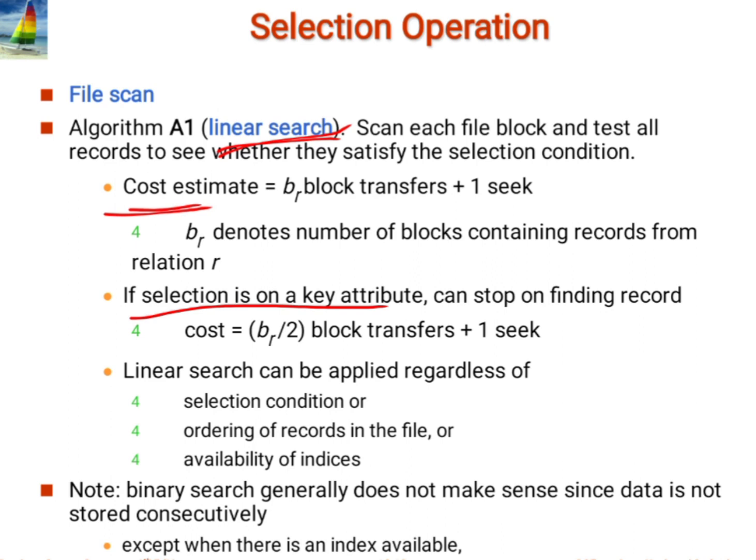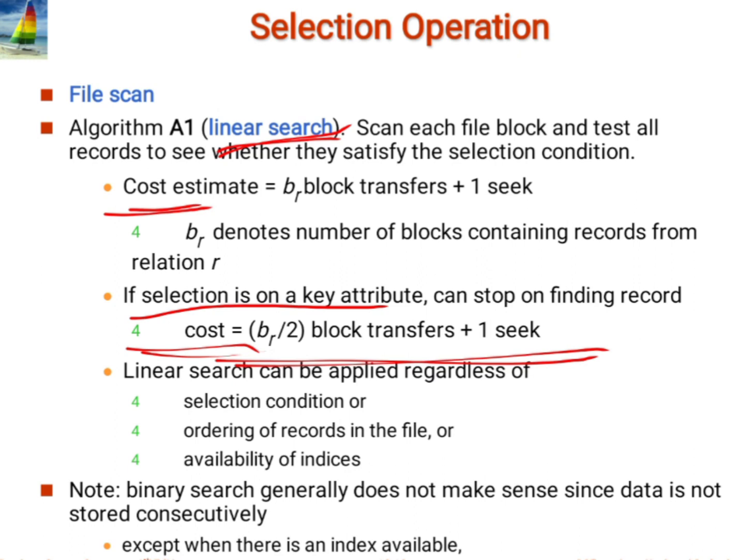For example, select the roll numbers between 1 to 35. Total there are 70 students, but out of that I am going to search only 35. In that case the cost will be BR by 2, means total number of blocks divided by 2, plus only one seek. So BR by 2 block transfers plus only one disk access.